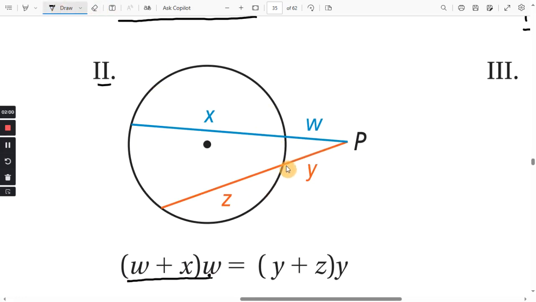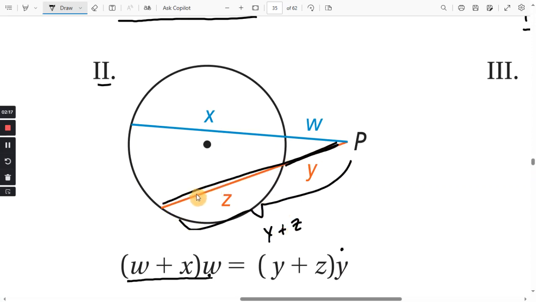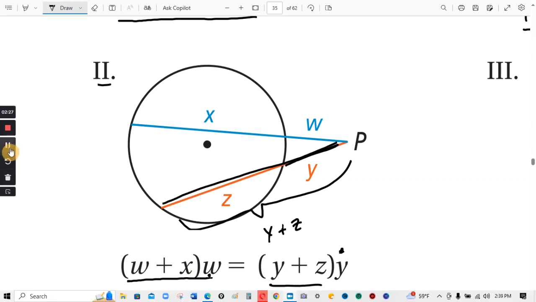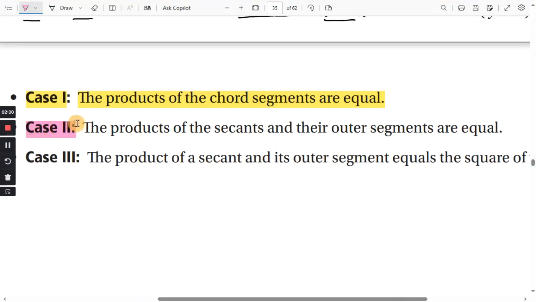The external segment here is just Y, and the entire segment here, if you take that whole thing, that's going to be Y plus Z. Okay, if you added both of these segments, that's going to be Y plus Z. So it's the external times the entire segment of Y plus Z. So in case number 2, the products of the secants and their outer segments are equal.